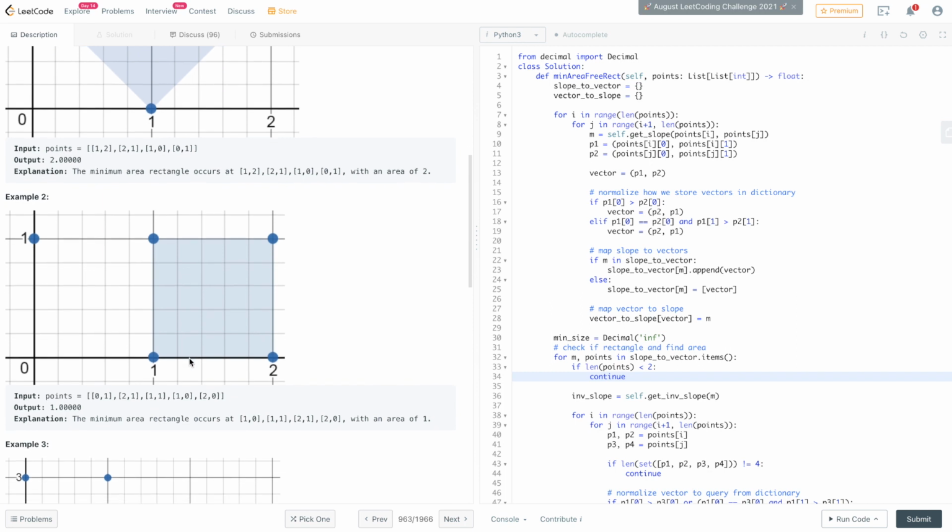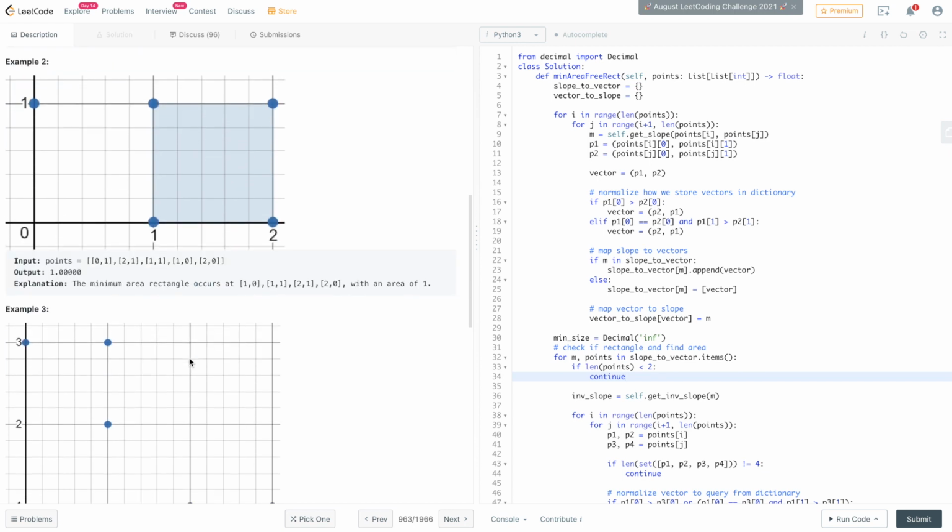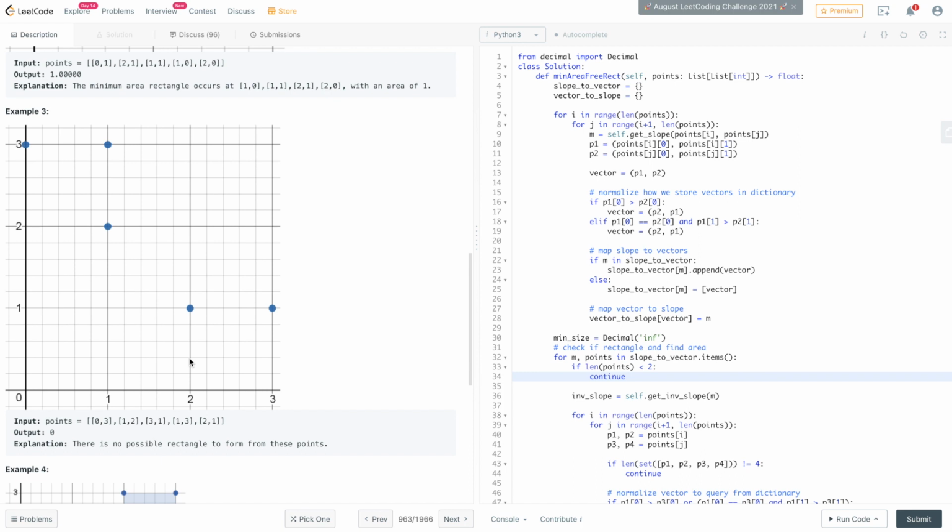In example 2, we may not use all the points to find the smallest rectangle. In example 3, even though you can see that it forms a parallelogram, it does not form a rectangle, so it cannot be used. Therefore, we return 0 instead of the area of the triangle.